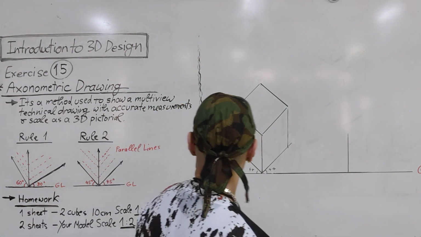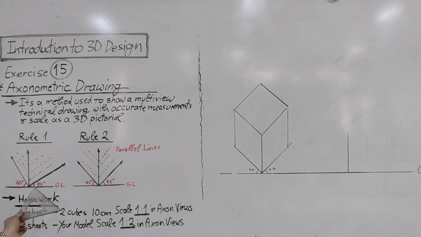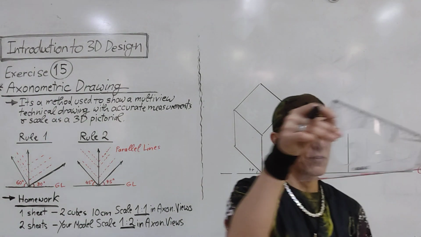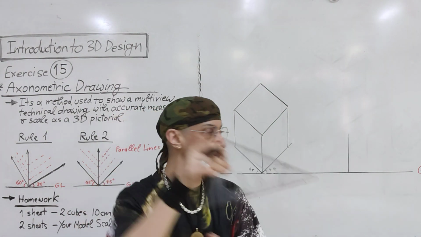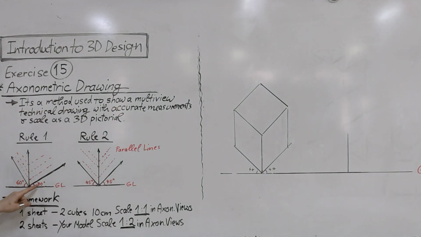Now, the next cube, again the same size, but with the other angle. So 60 degree. You will take the ruler, 60: this is 30, this is 60. Now the 30 degree can be on this side or on that side, so I can switch it. I can draw here 60 and here 30. It depends on which side you want to show more detail. Look, here at 30 degree we can see more of this side, but less of this.